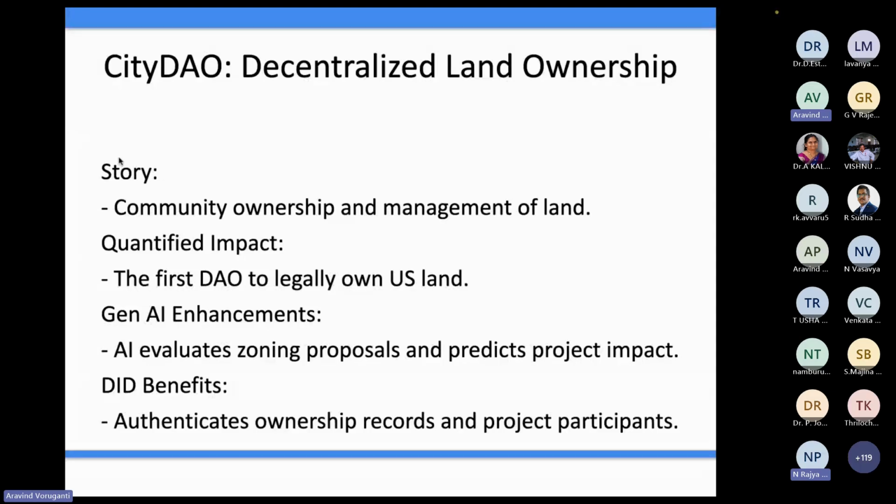The rent can be distributed as dividend to all these owners of the DAO, stakeholders of the DAO, and people can sell their tokens among themselves based on their needs. So just imagine the fractional ownership of a real estate can also be managed by a decentralized autonomous organization.